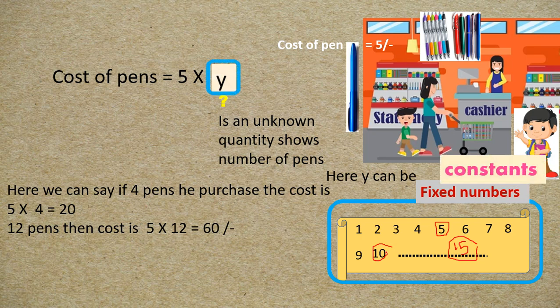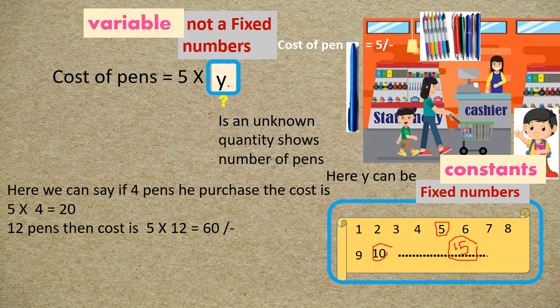The y is the variable, which is not a fixed number. Here this y can be 1, 2, 3, anyone. So we can say this y is not a fixed number, so it is known as a variable.